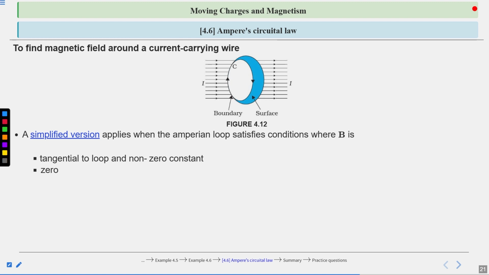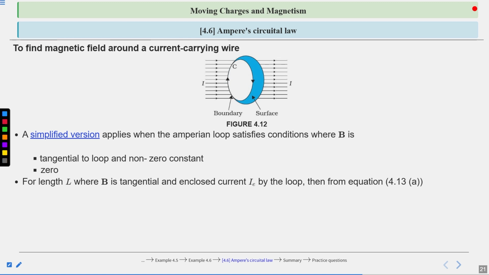Got it? So three conditions are there: either B is tangential to the loop and non-zero constant, or it is normal to the loop, or zero.